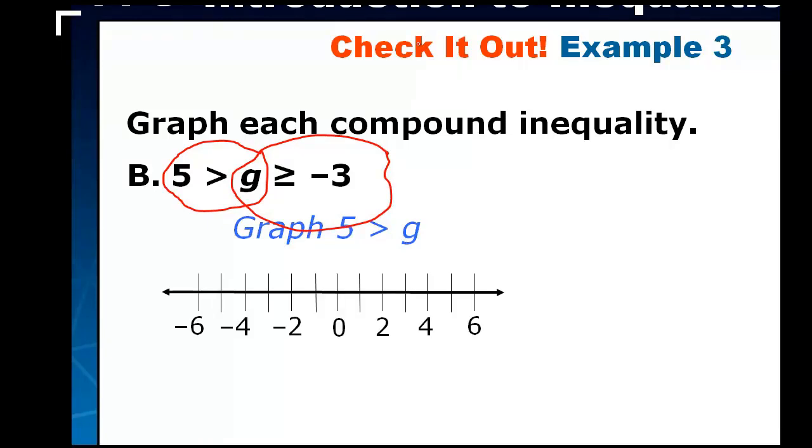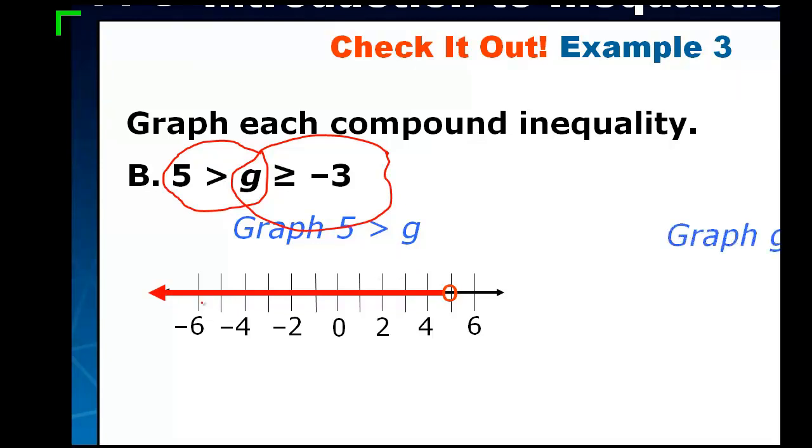Go for 5 and draw an open circle or closed circle? We will draw an open circle. Then we will go to the left or right? We will go to the left because g here is smaller than 5. 5 is bigger than g means g is smaller than 5. So I will go to the left.